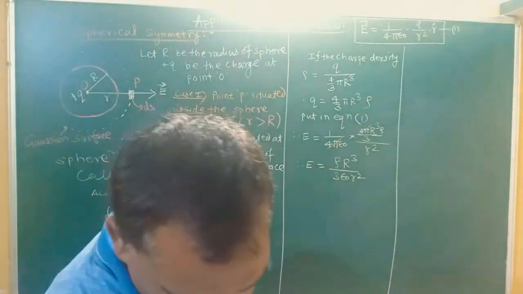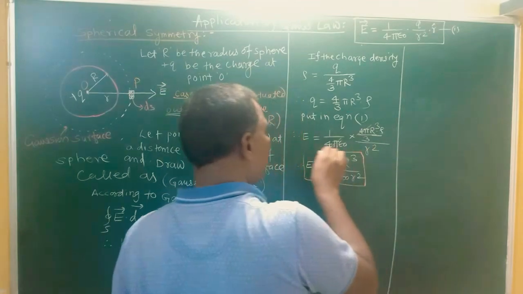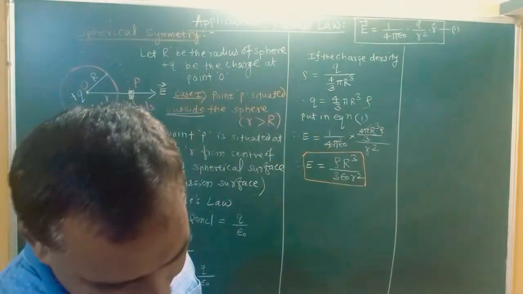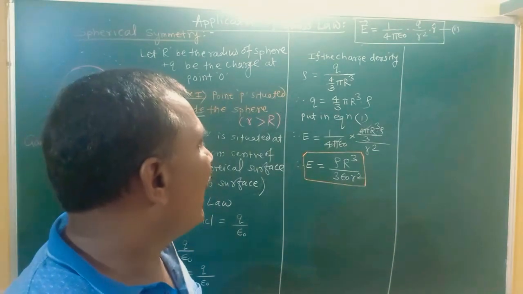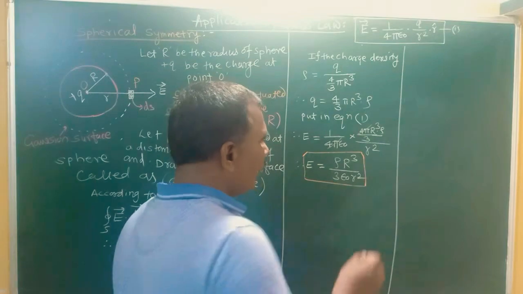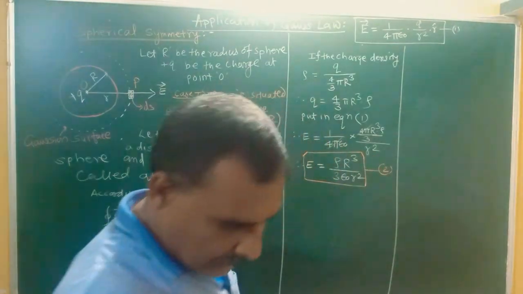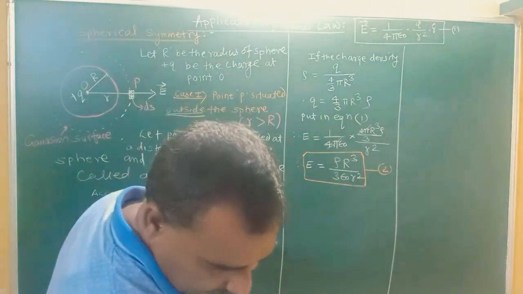This is the formula for electric field intensity we derive here, that is E is equal to rho into r cube divided by 3 epsilon 0 into r square. This is equation number 2, and this is called the electric field intensity of a point situated outside the sphere.